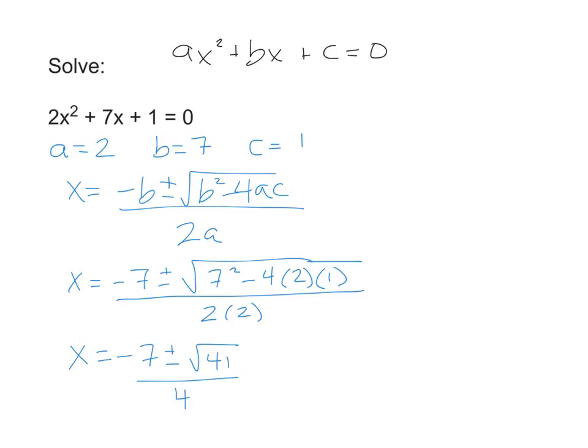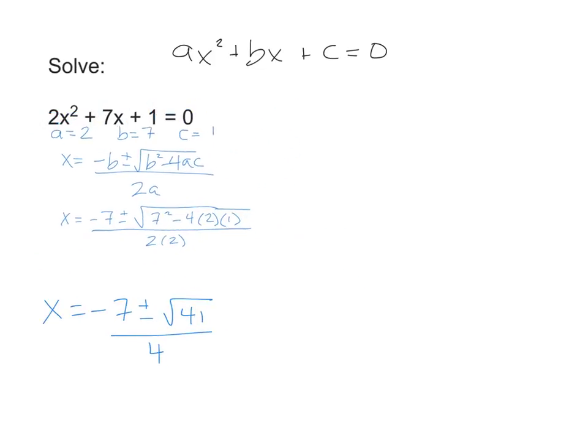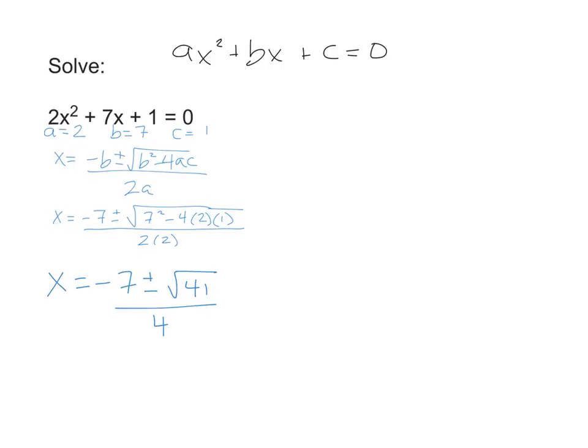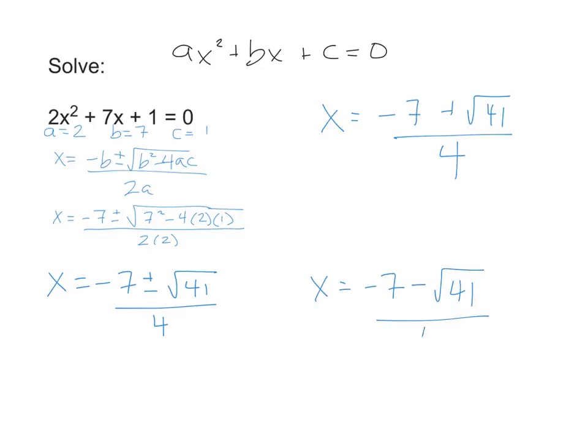This is the same as saying x equals negative 7 plus root 41 over 4, and x equals negative 7 minus root 41 over 4. So it's actually 2 solutions.